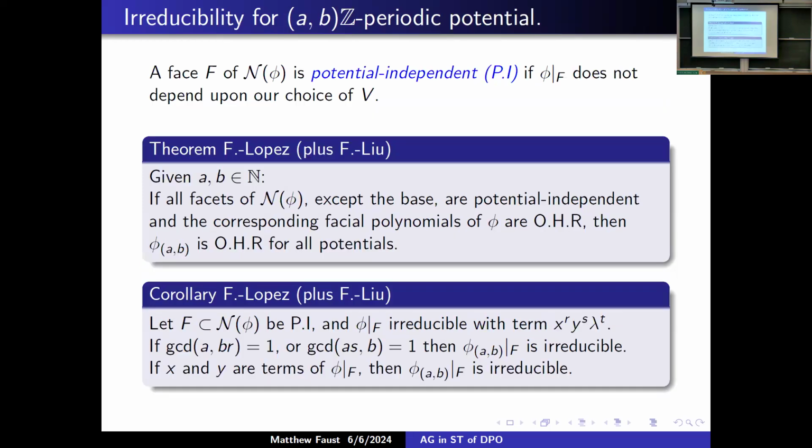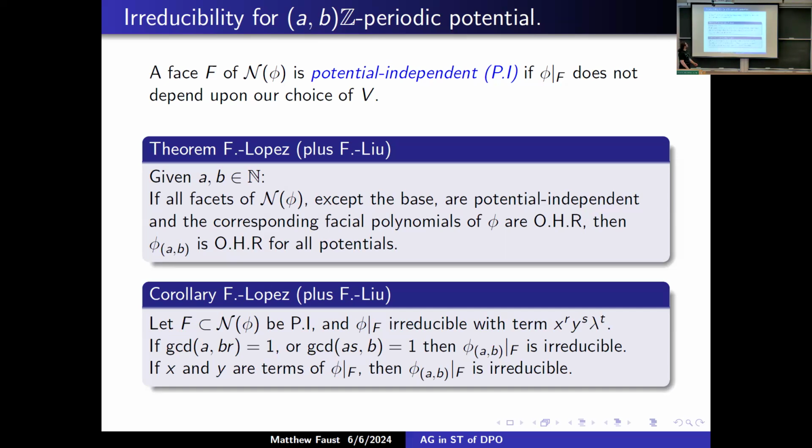Okay. So we say that a face is potential independent if our facial polynomial does not depend on our choice of potential v. An example of that is actually the facial polynomial we just went back to, lambda squared minus x minus y. No matter my choice of potential, the coefficients of that facial polynomial are not affected. It's the same polynomial regardless of my potential.